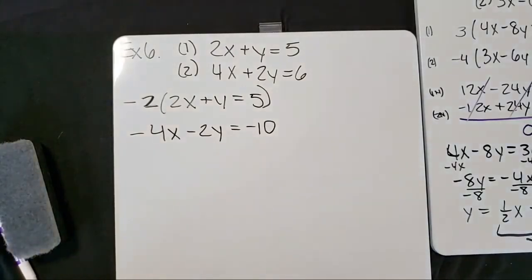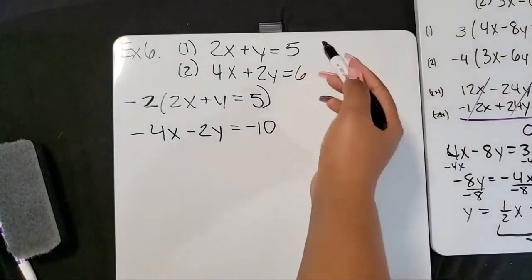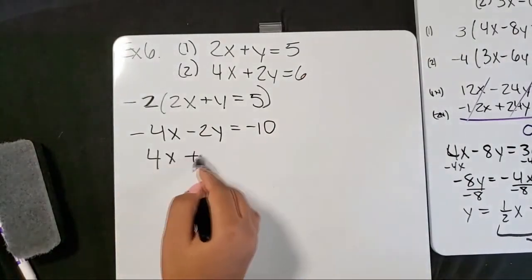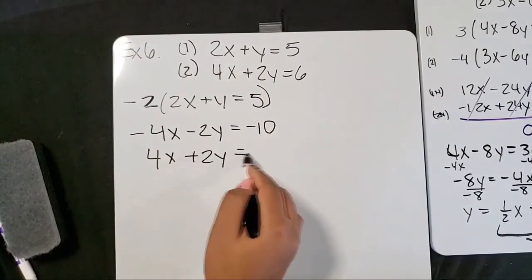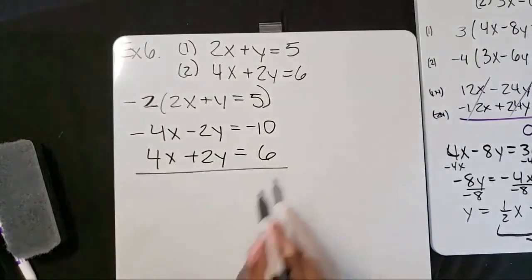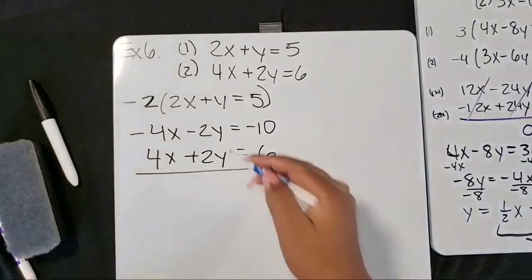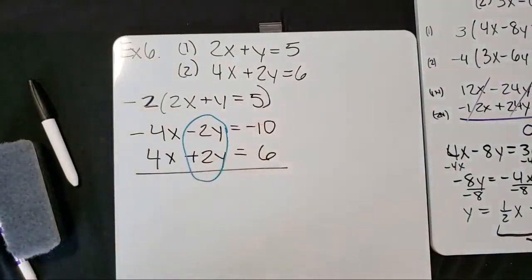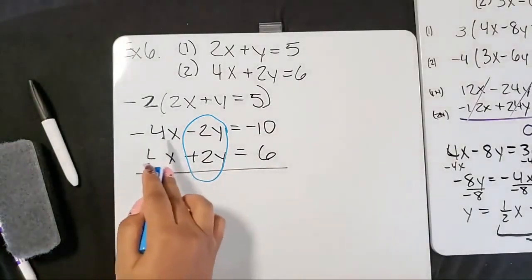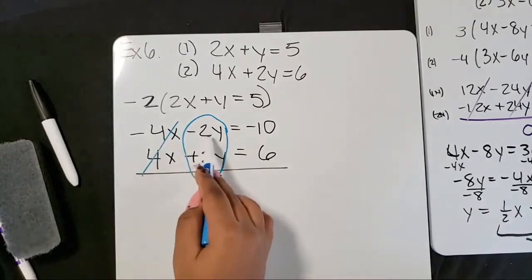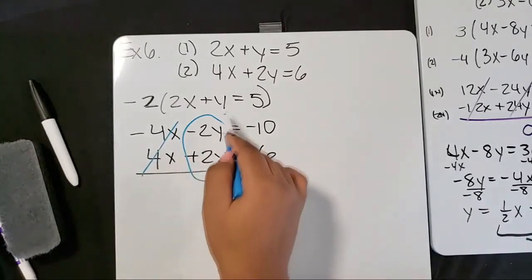So I changed the first equation. Now I'm going to add the second equation to it. My plan was to eliminate the y, but negative 4x and 4x is 0, and negative 2y plus 2y is 0.